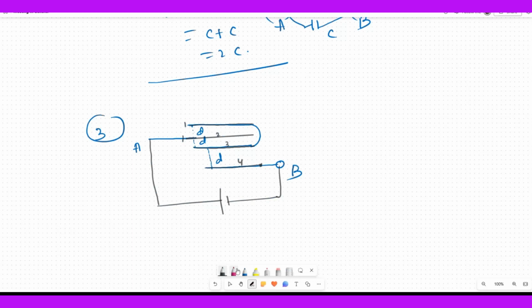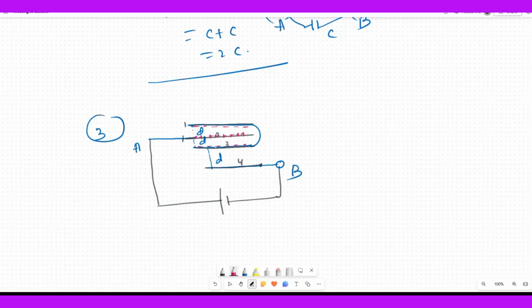See, through the positive terminal, this will get positive charge only. This one by induction, no connection is there, but induced charge will be there. Negative. This is also negative. All right. And here you have connected with the negative terminal.